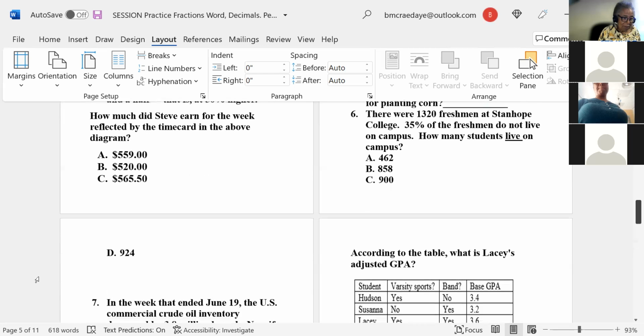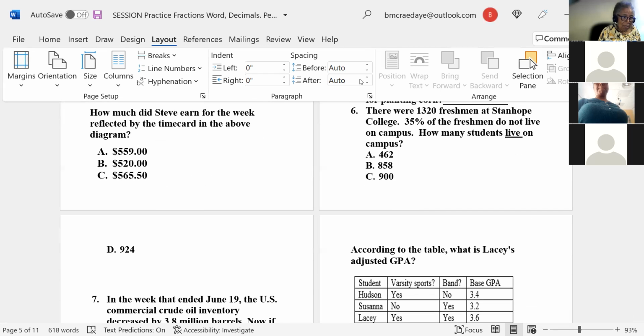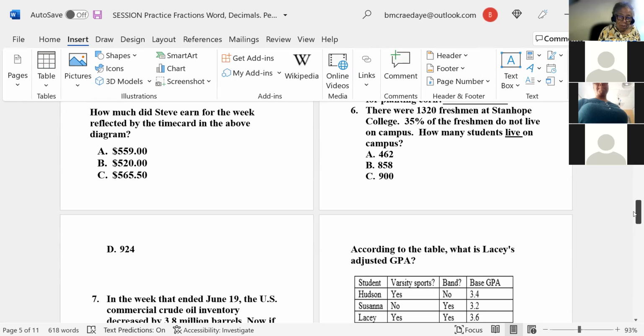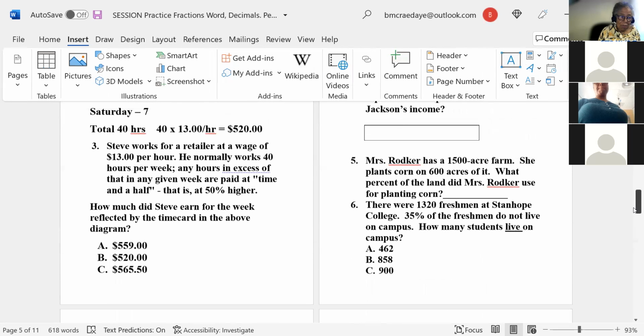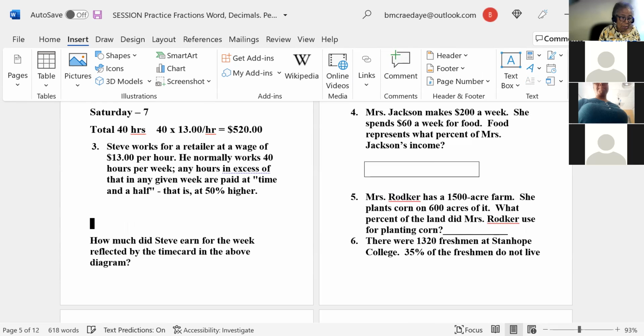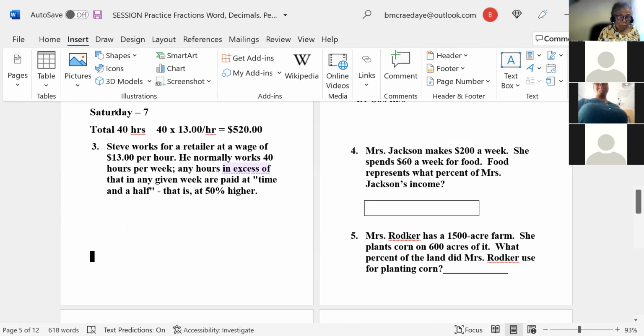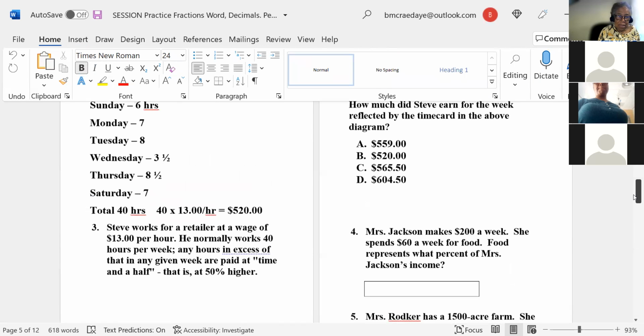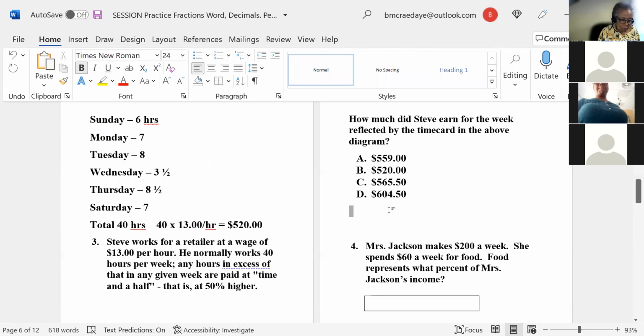That's answer B. Let's go back up here. Now how much did he earn? Just put that all on one page. Answer 520 is B. Worked exactly 40 hours. Answer B.